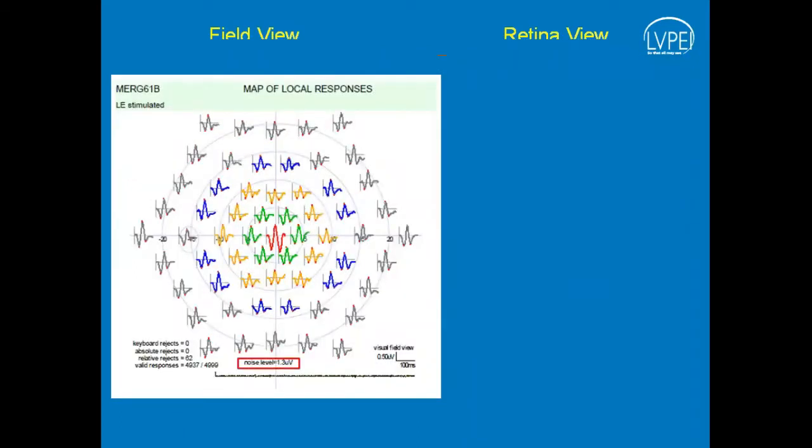Now, while we have trace arrays of multifocal ERG, first we have to look at the level of noise, or the signal to noise ratio, or the impedance level. It is expected that it should be less than 2. Here, what we can see is 1.3 microvolts. So if it is less than 2, the range is as expected, and along with that, we should also look at the graph being traced here.